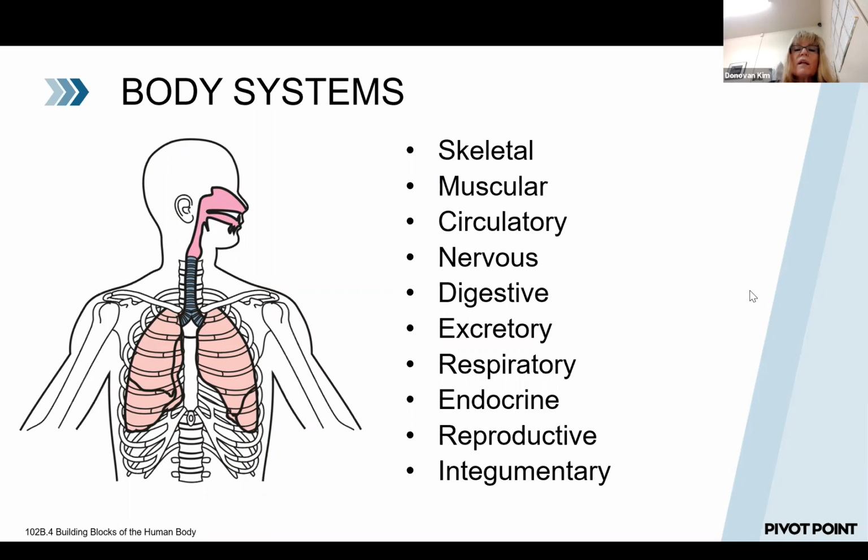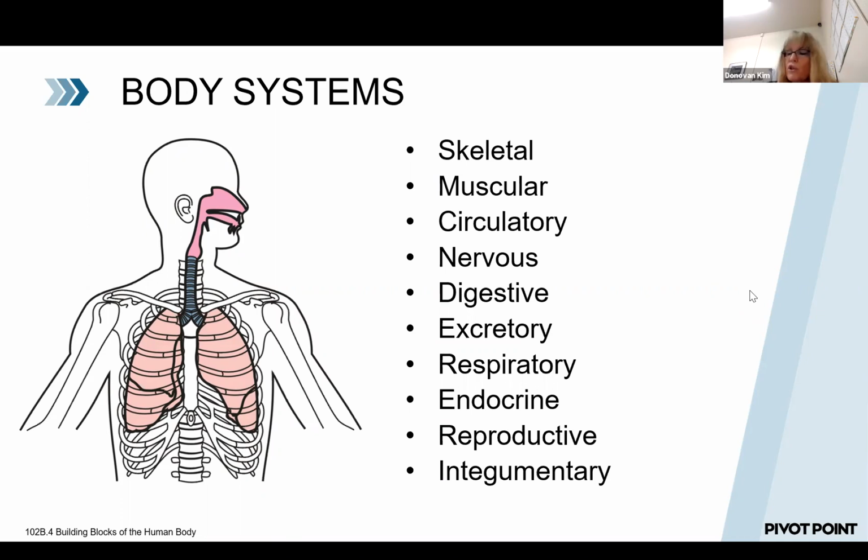E is for excretory. This is for exiting your body, so it's eliminating all of the waste. The other E is for your endocrine system. This is your growth, your reproduction, and your general health. So it's like your hormones.